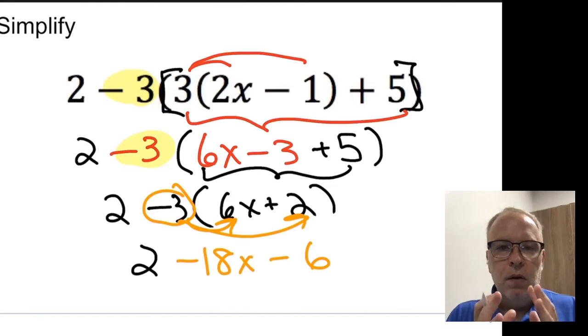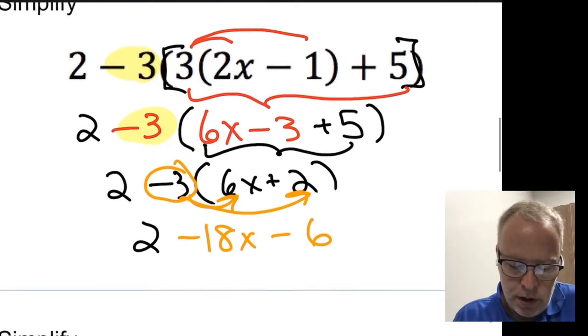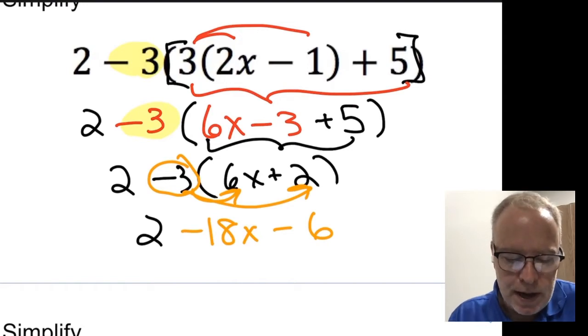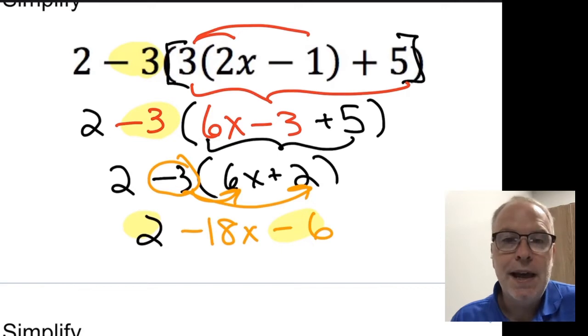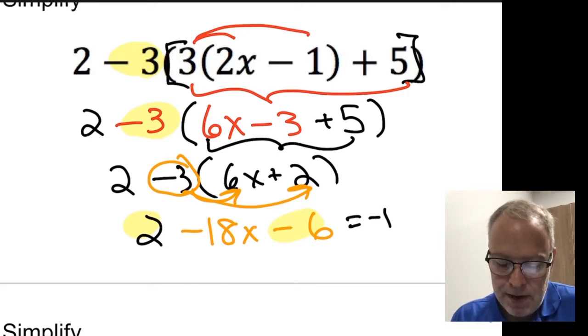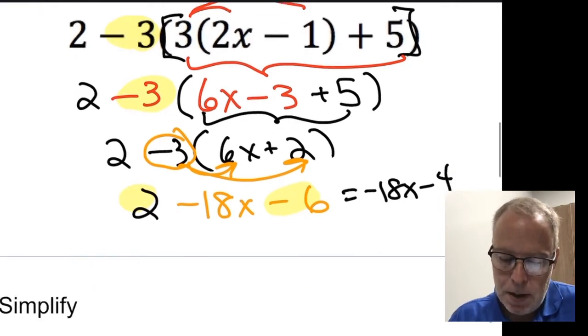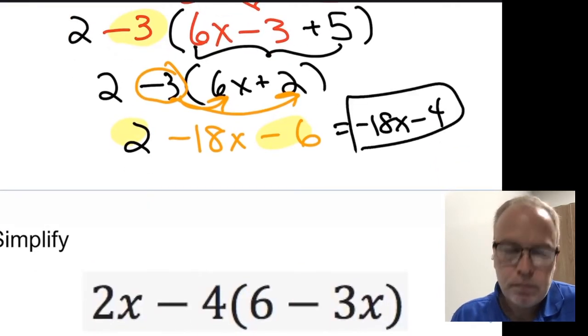So the 2 has been waiting very patiently. And now we're going to throw it in a room with negative 6 because they are like terms. So we get negative 4 out of those two. So the final answer would be negative 18x minus 4.